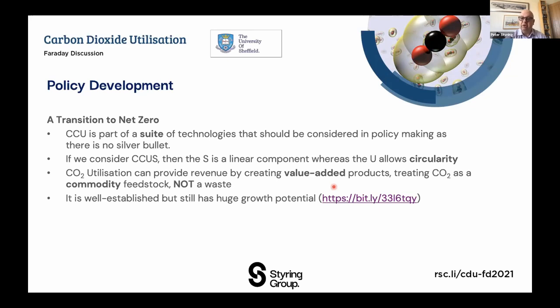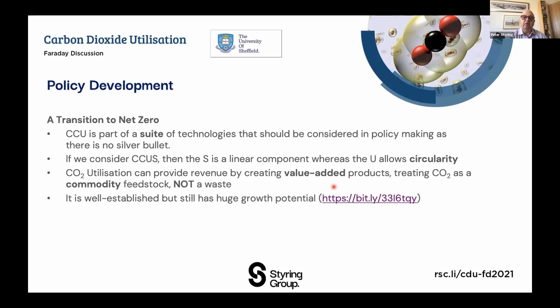It's the fossil carbon, the new fossil carbon that is released in a linear way to the atmosphere, which is the problem. If we can drive the U part of CCUS to be a circular approach, then we have a more efficient and more robust way of moving towards a transition to net zero.